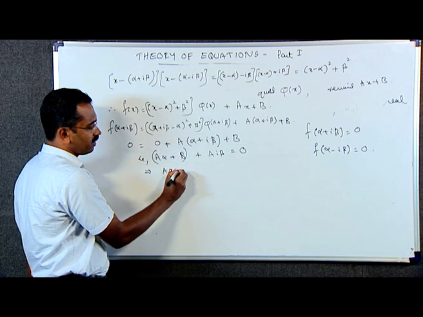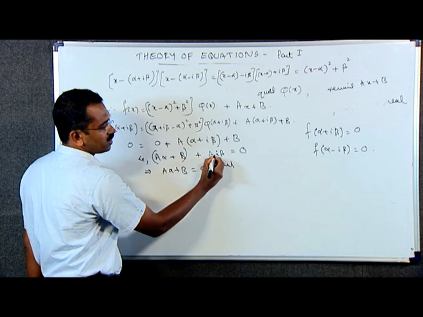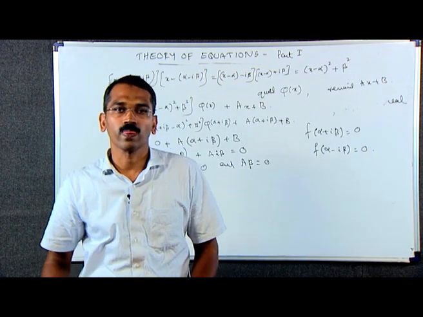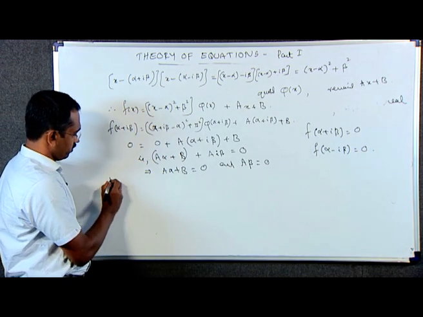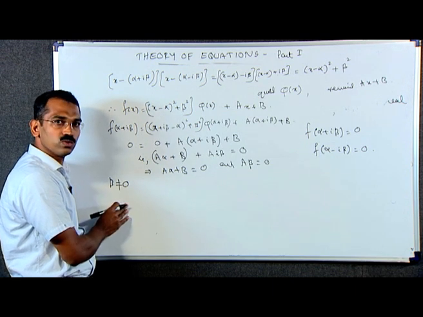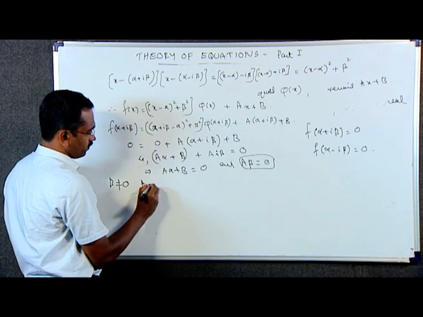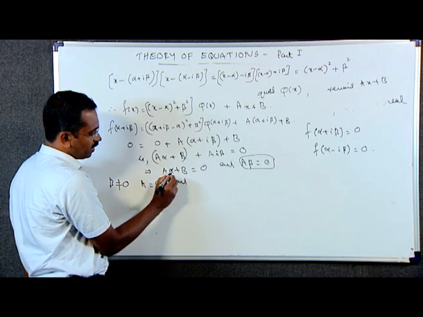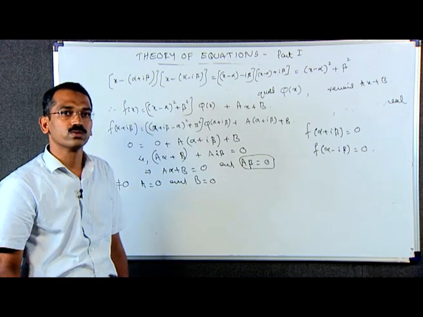That is a alpha plus b equal to 0, and here i not equal to 0 means a into beta is equal to 0. Beta not equal to 0, which means that from this we can write a equal to 0. And hence, when a equal to 0, from this equation we can write b is equal to 0.